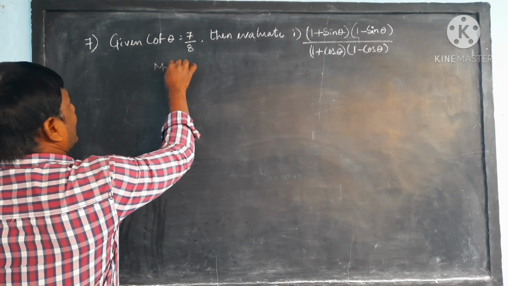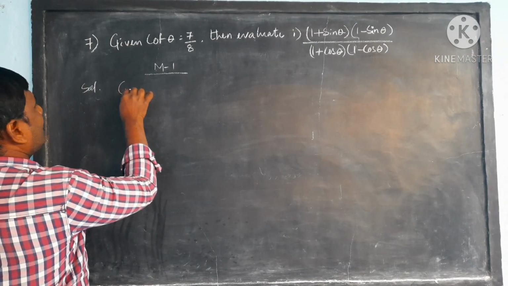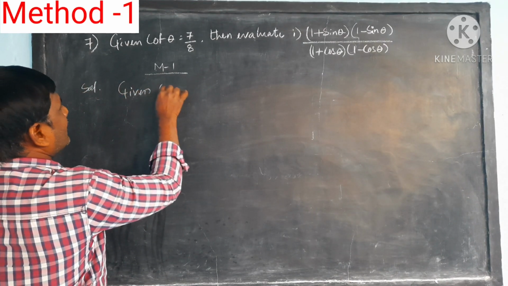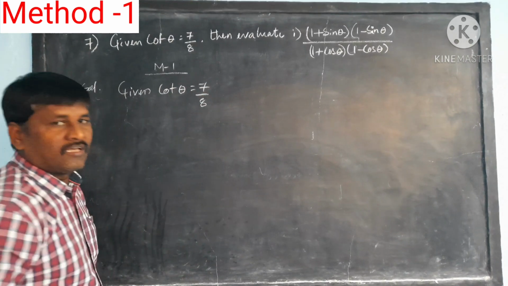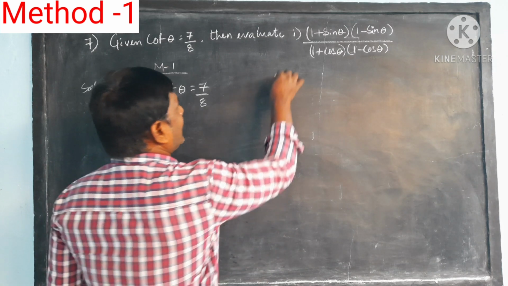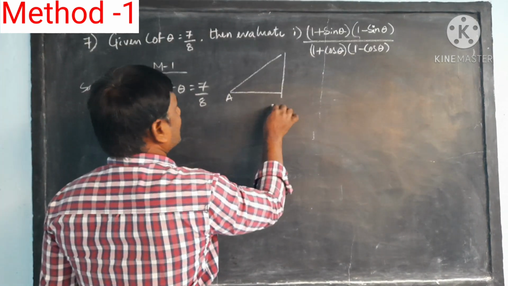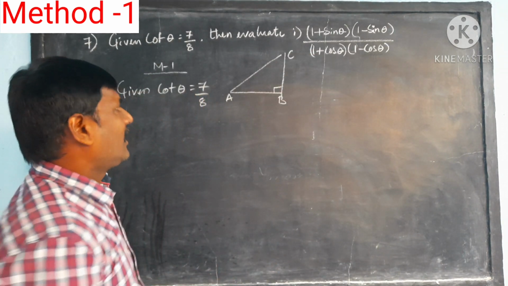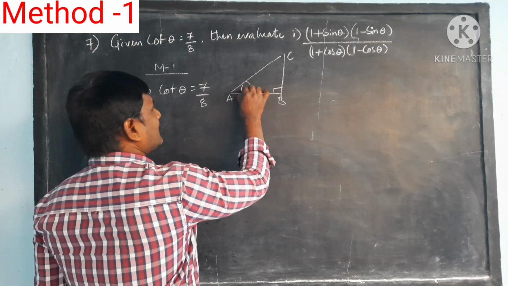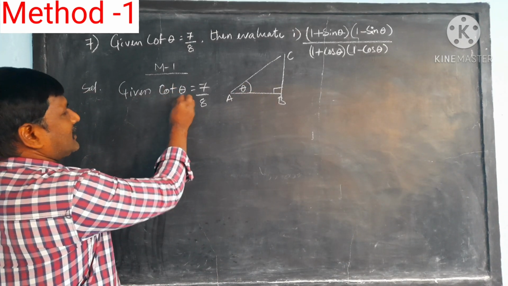Method 1, solution. You can write here, given cot theta is equal to 7/8. Now we have to draw a right angle triangle ABC in which angle B is right angle and select angle A as theta, because the question asks about cot theta.